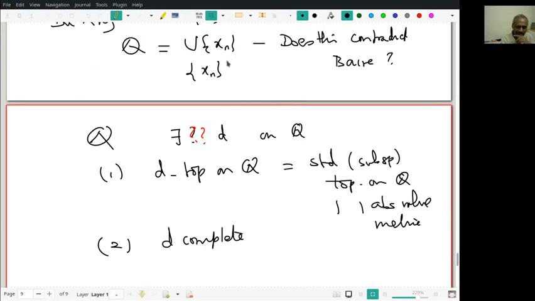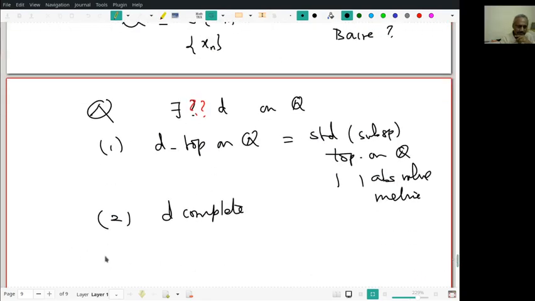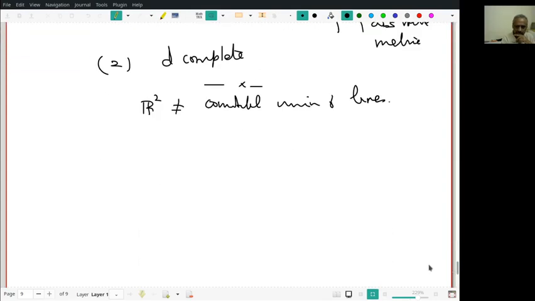If I can't, why can't I? Think about it. And as I said earlier, for example, R2 cannot be equal to a countable union of lines. These are the typical examples.